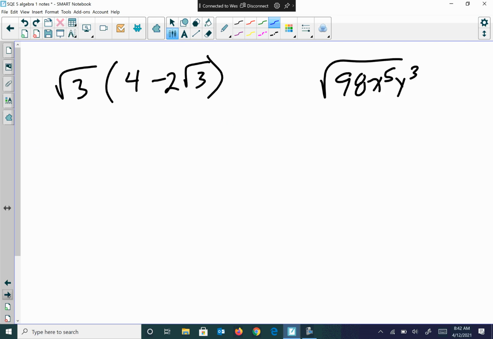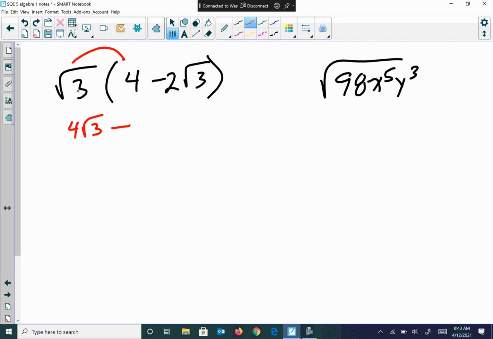All right. I have root 3 outside. Inside my parentheses, I have 4 minus 2 root 3. Okay. I think this is a distributive property problem. What do you think? So if I go 4 times root 3, do you feel comfortable saying 4 root 3? Okay.